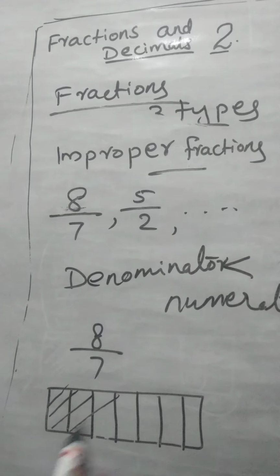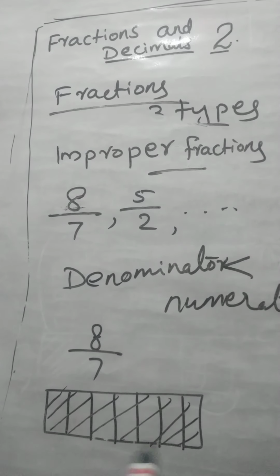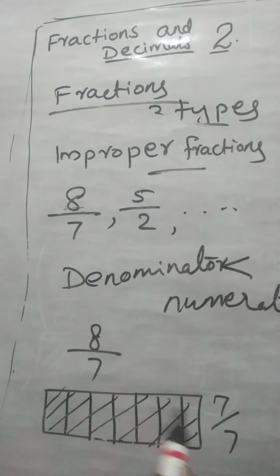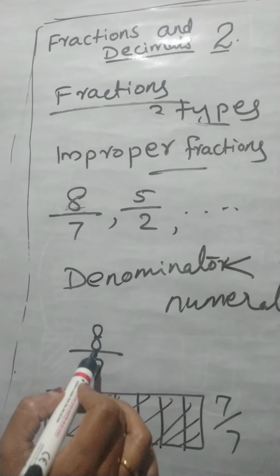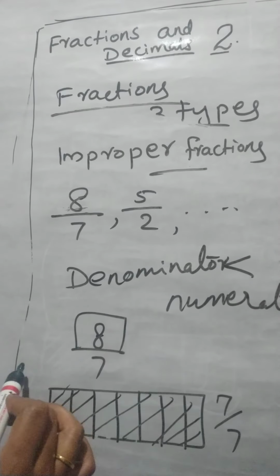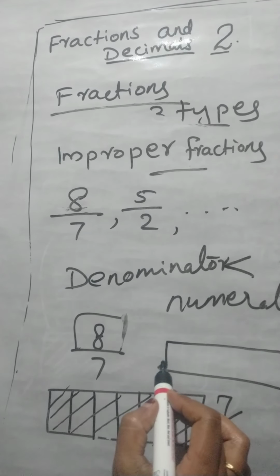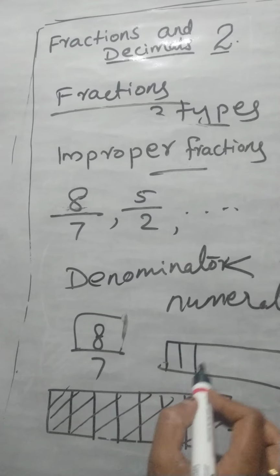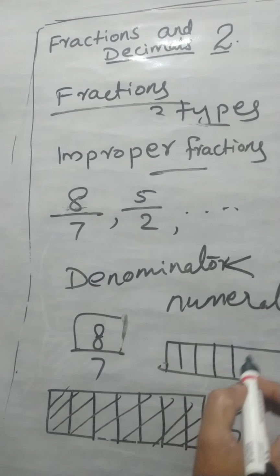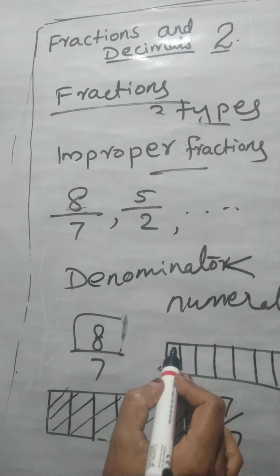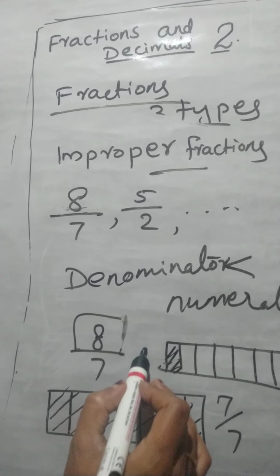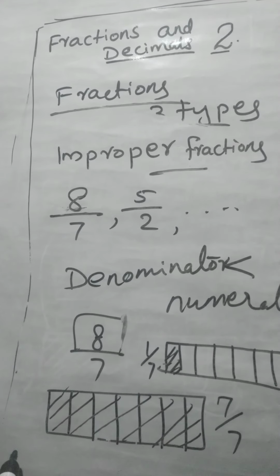This is 7 upon 7. Again, you didn't complete this part because you got 8 pieces. That means one more cake was there. That cake also you have cut into 7 pieces. Among this you got one more piece. So this is 1 upon 7.